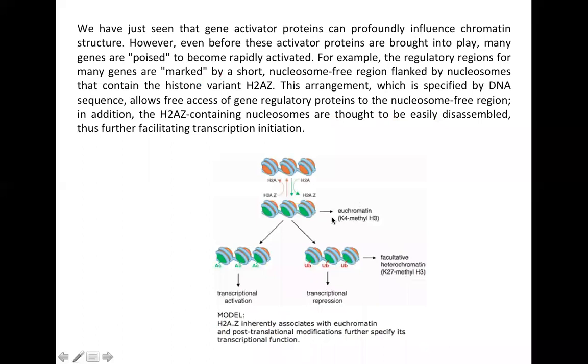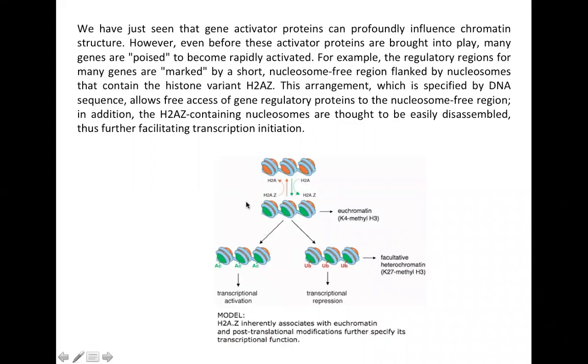You see, where K4 is methylated, it is in the form of euchromatin. And sorry, K27, I say lysine, where lysine 27 is methylated, this is heterochromatin, and where lysine 4 is methylated, this is euchromatin. So this is switching back and forth between euchromatin and heterochromatin.